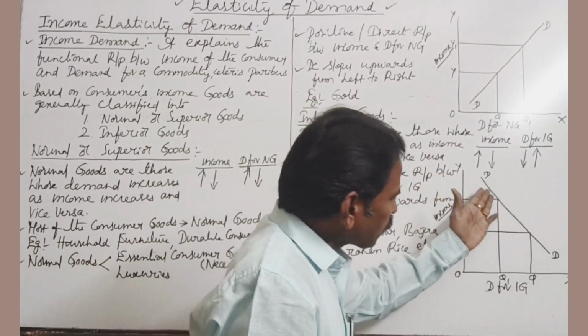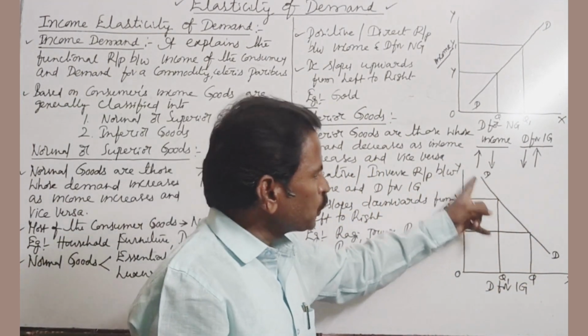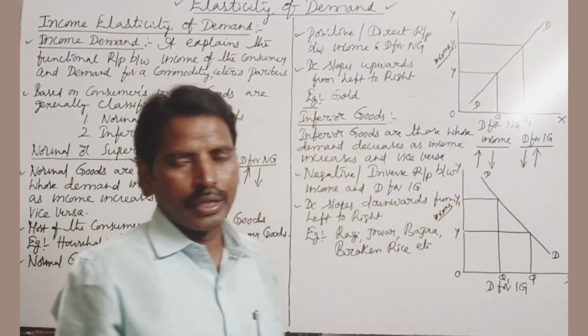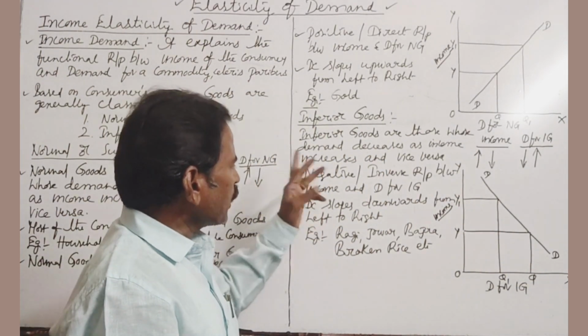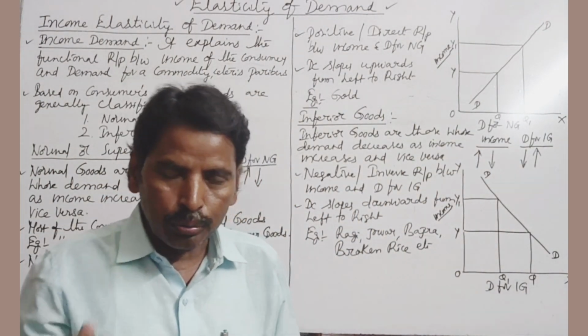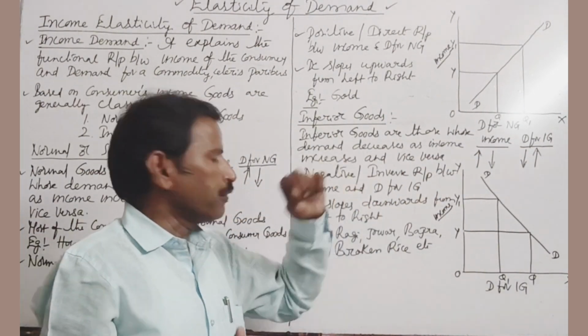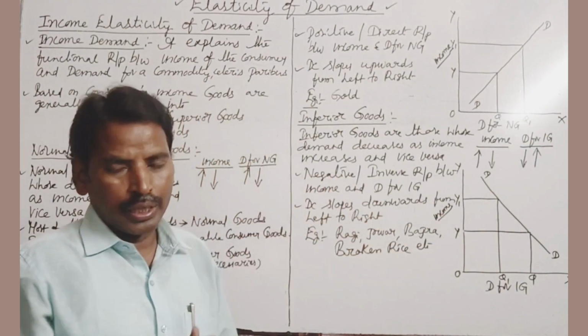Therefore, the demand curve slopes downwards from left to right. That shows there is a negative or inverse relationship between income of the consumer and demand for inferior goods.